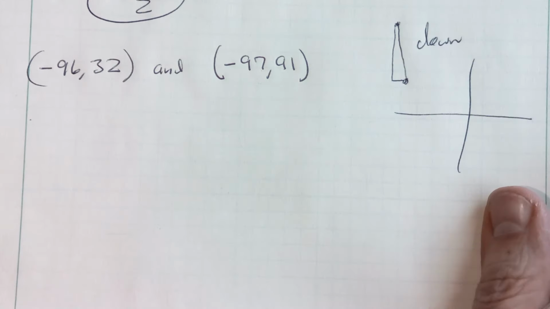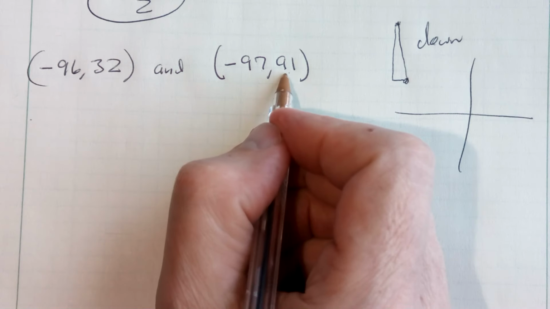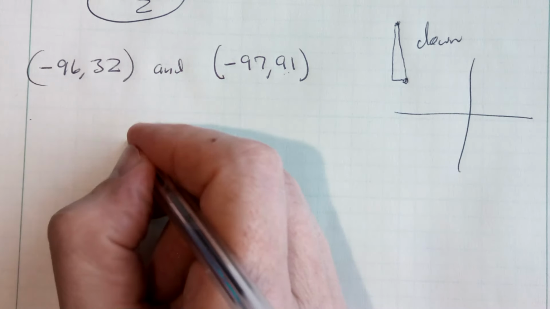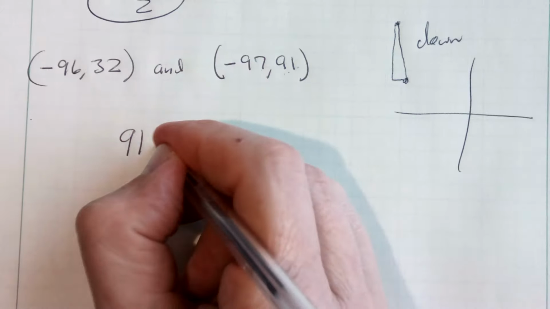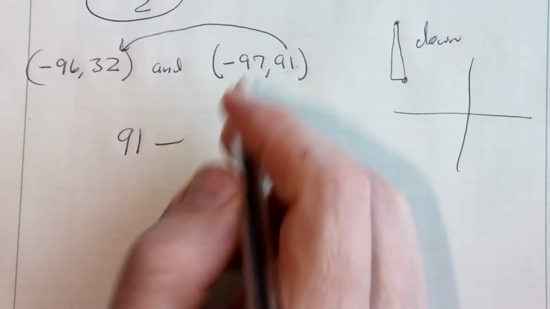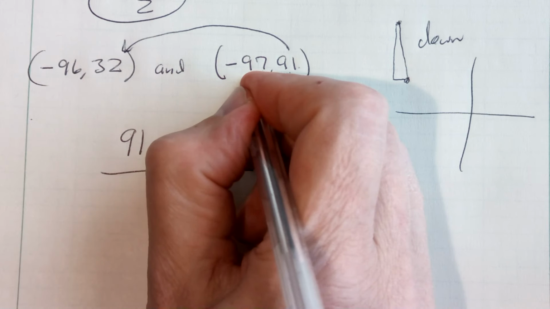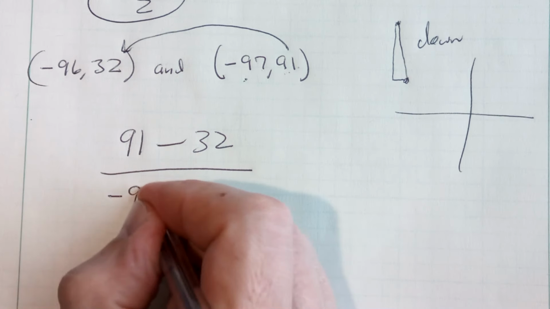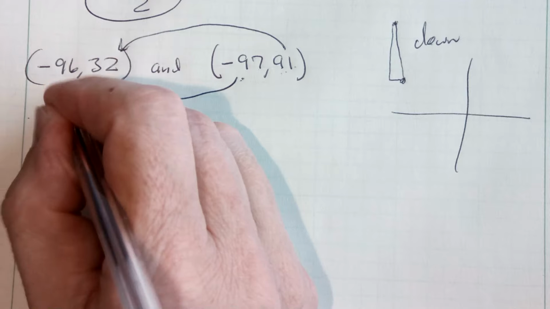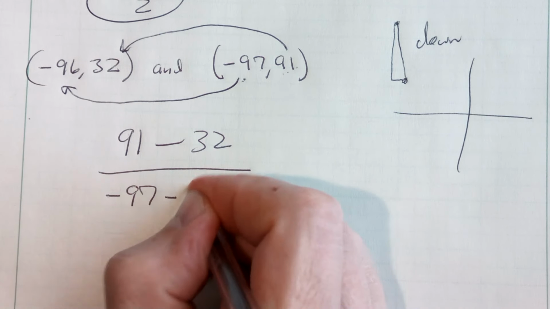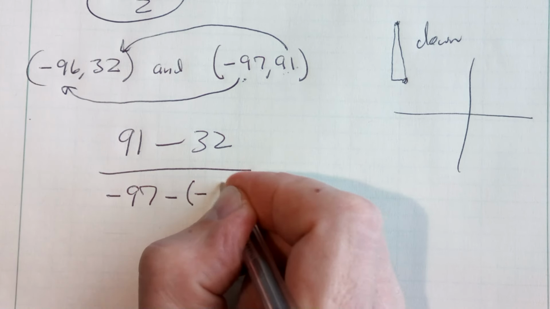But again, I'm just going to take that second y value, 91, minus the first y value, 32, over the second x value, -97, minus the first x value. Now be careful here, I'm minusing a minus 96.